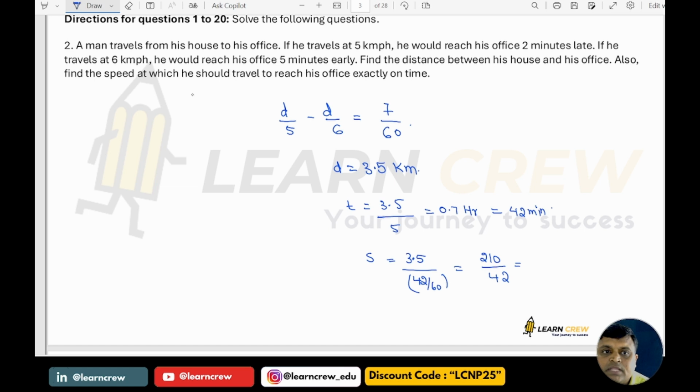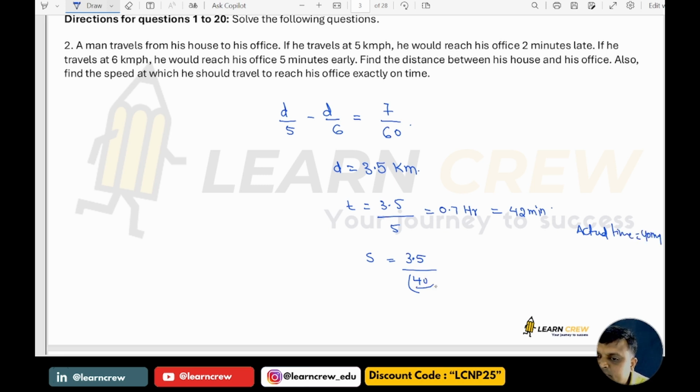Already it is given. So see, it is taking 2 minutes late here. 2 minutes late means the actual time would be 40 minutes only. Are you following or not? In this case, it is taking 42 minutes, 2 minutes late, so the actual time would be 40 minutes only.